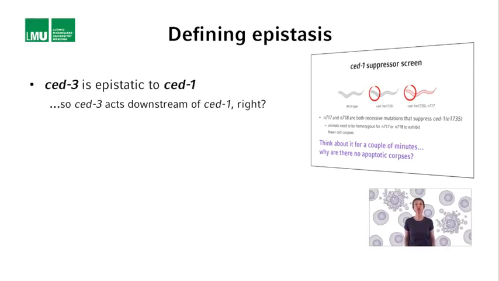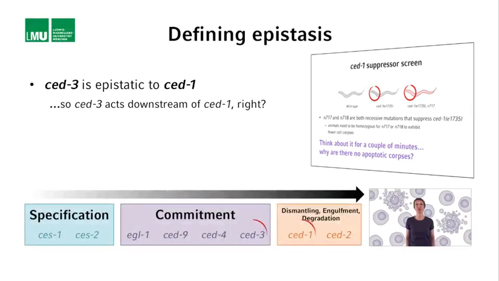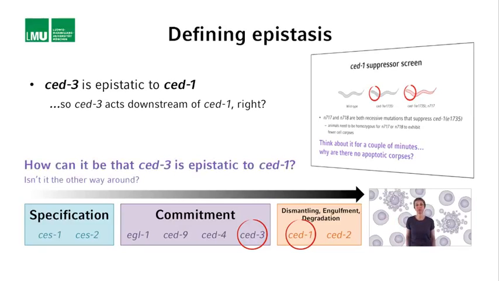However, I also told you that while Z3 acts in the central step of the apoptotic process, the step during which cells irreversibly commit to the apoptotic fate, Z1 acts in the last step, the step during which cells are dismantled, engulfed, and degraded. How can it be that Z3 is epistatic to Z1?